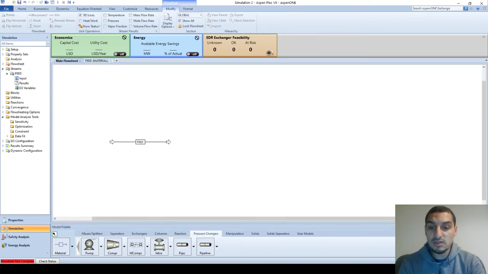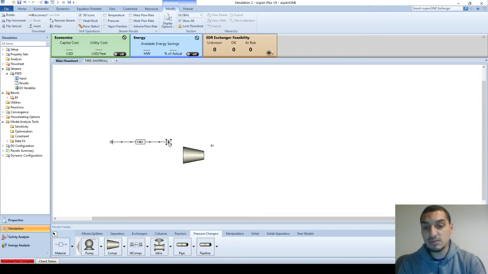And let's see what we have here. We need to add a compressor, and once we add the compressor, we need to connect the feed stream. It should be a well-known piece of information that the feed stream to the compressor enters on the large area side, and the product comes from the small area side. And this is kind of an indication that the feed is being compressed.